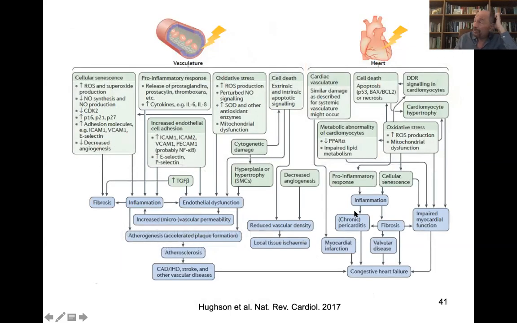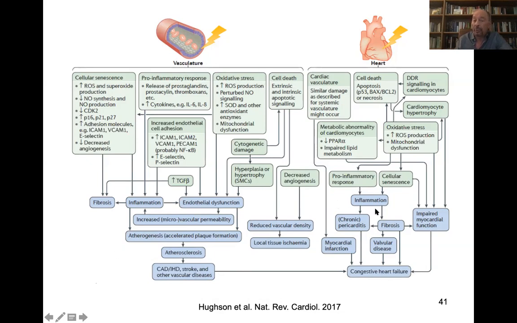But it's not easy, because the mechanisms should be clear to understand. One thing is cell killing. Another thing is a complex event like cardiovascular disease. You see the models to explain how you go from radiation to stroke, other vascular disease, or congestive heart failure.